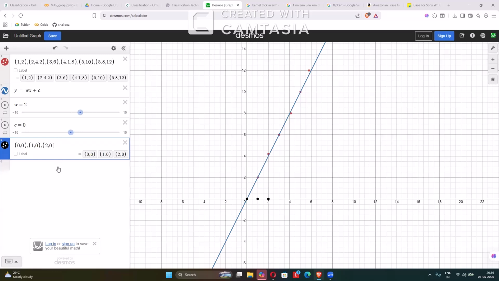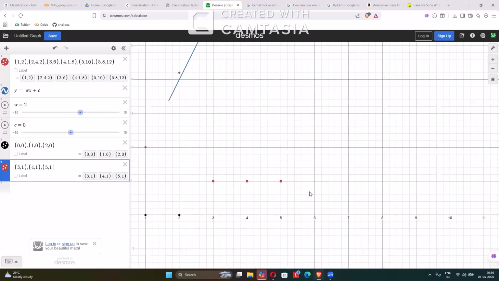And the next set of observations are 3 comma 1, 4 comma 1, and 5 comma 1. I'm plotting it in 2 colors because this represents 2 classes, right? Is this clear for everyone?